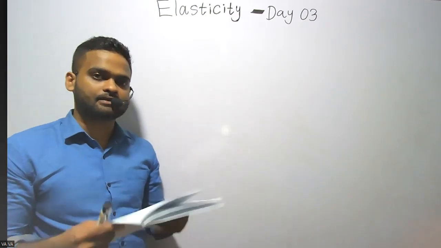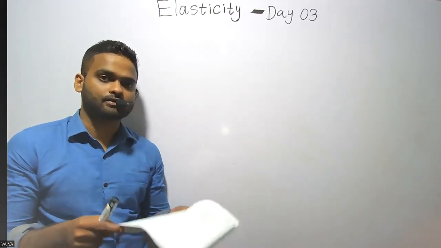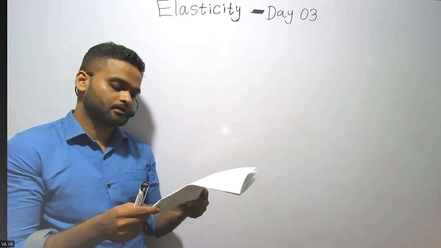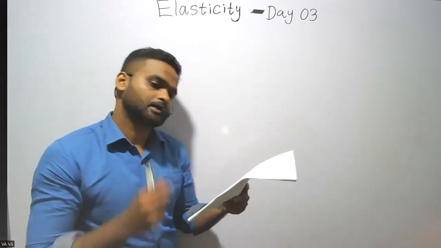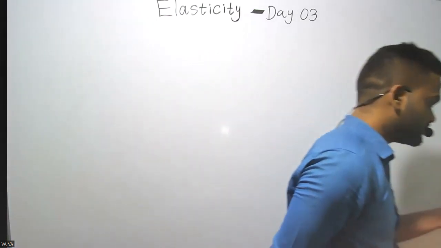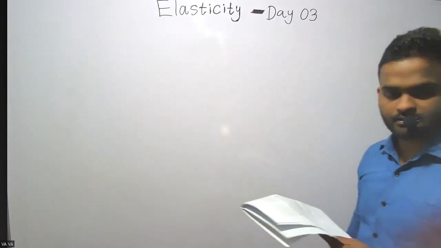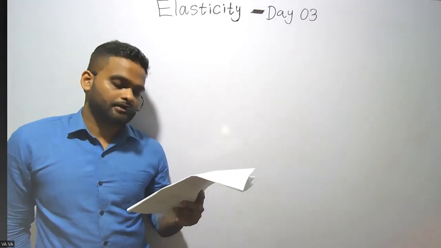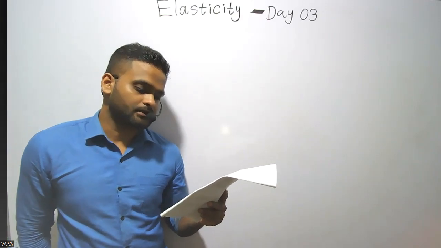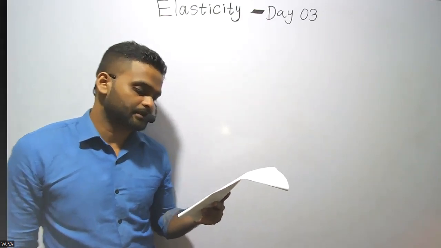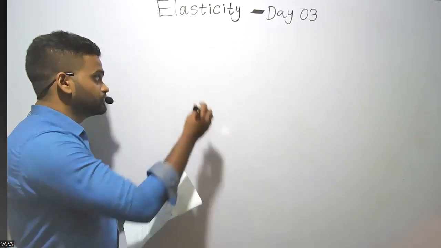Then let's try the 45th question. That also involves potential energy, I think. Try that first. Work required to increase the length of a metal wire by 1 millimeter is 2 joules.